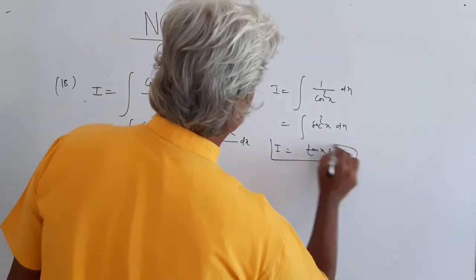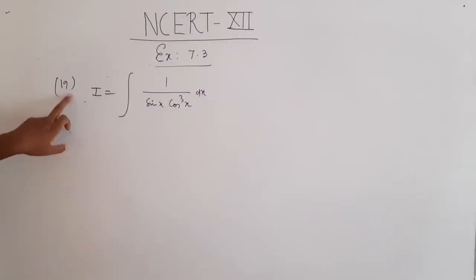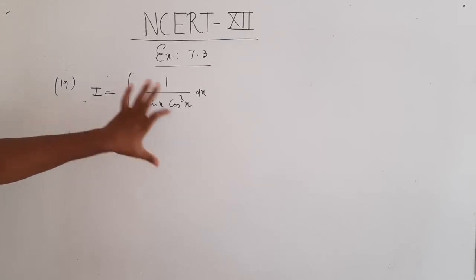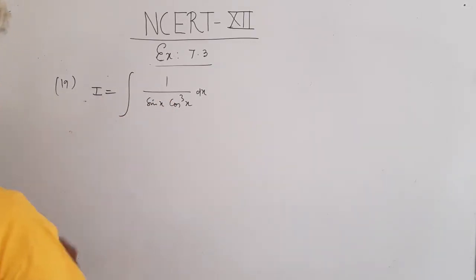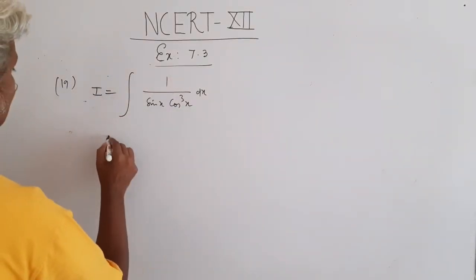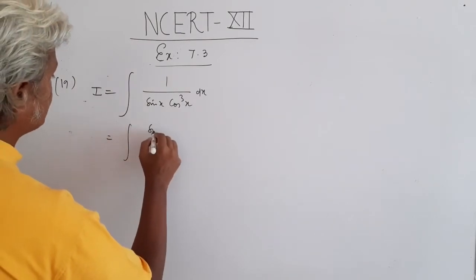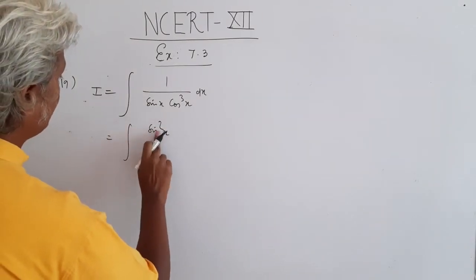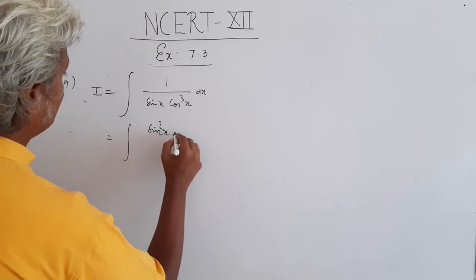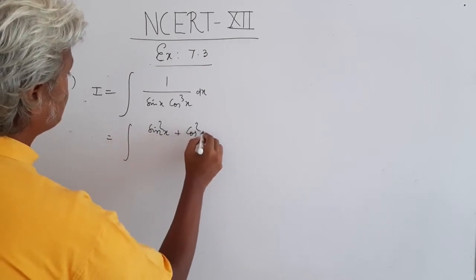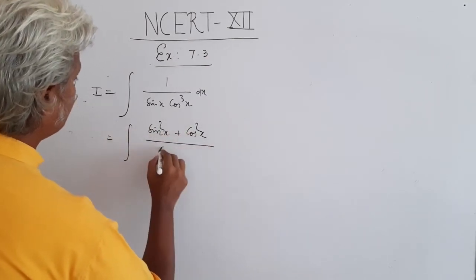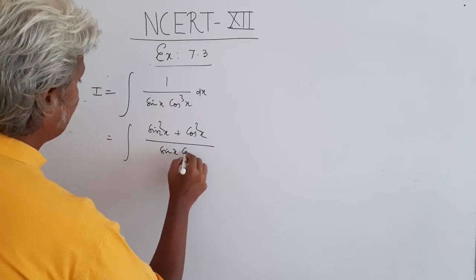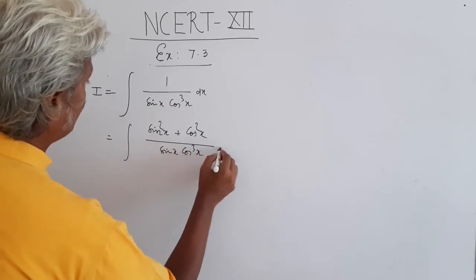Now I go to question number 19. Now this is question number 19, which goes like I equal to this. How to solve this question? So in place of 1 you directly write sin square x plus cos square x, upon sin x cos cube x dx.